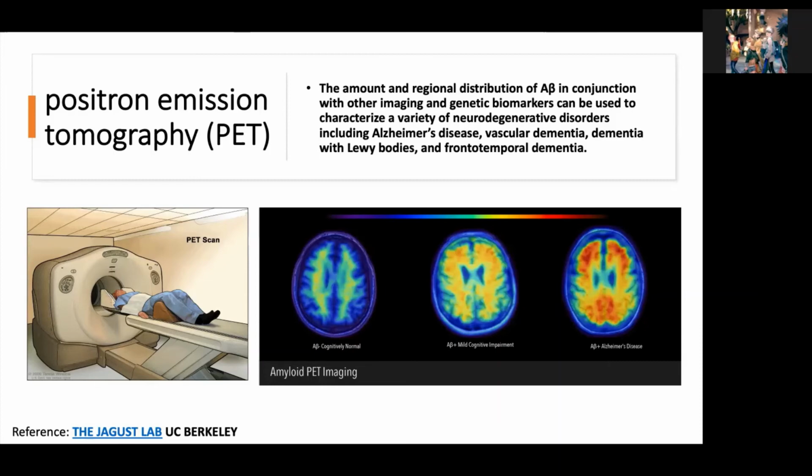One thing I learned by doing this is that it's really expensive, so not all patients are able to access it. You can see that if you have Alzheimer's disease, you have more amyloid beta aggregation, so the red is higher, and the control is blue, a colder color.